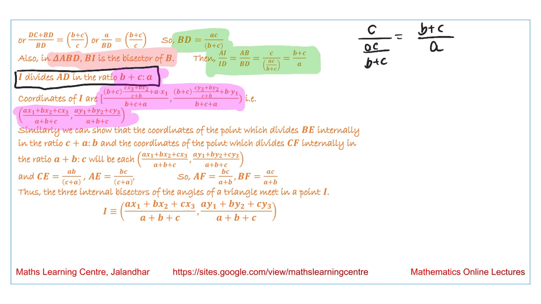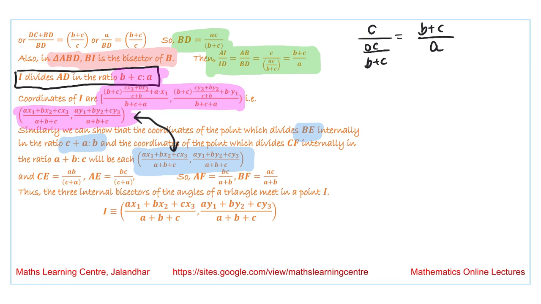Similarly, we can divide BE internally in the ratio (c + a) is to b, and from this we can find the coordinates corresponding to this point. These are the coordinates we have obtained. These coordinates are the same.